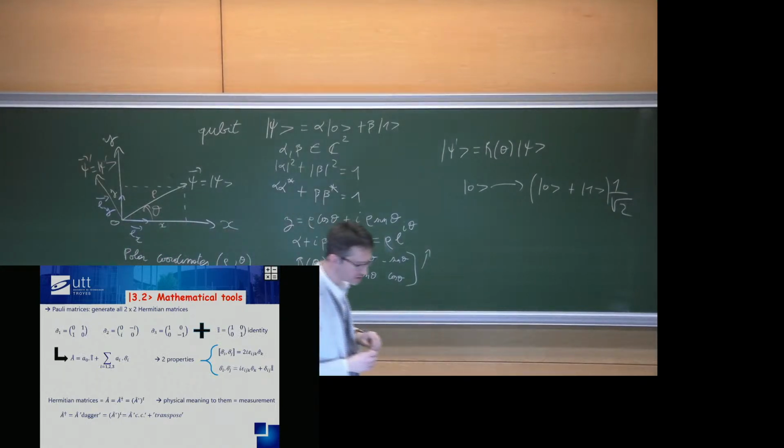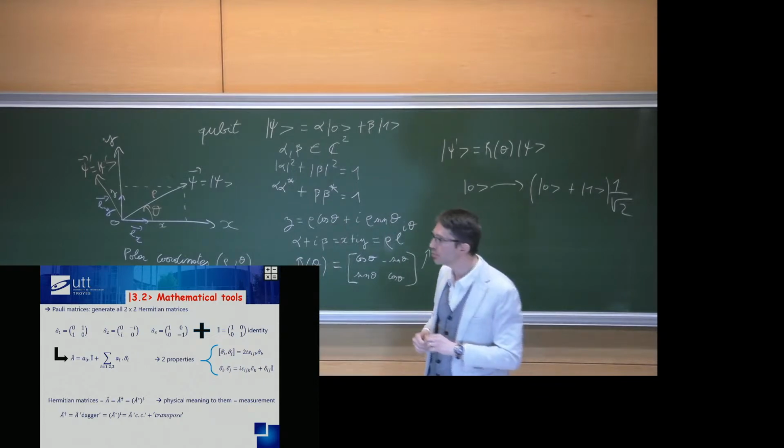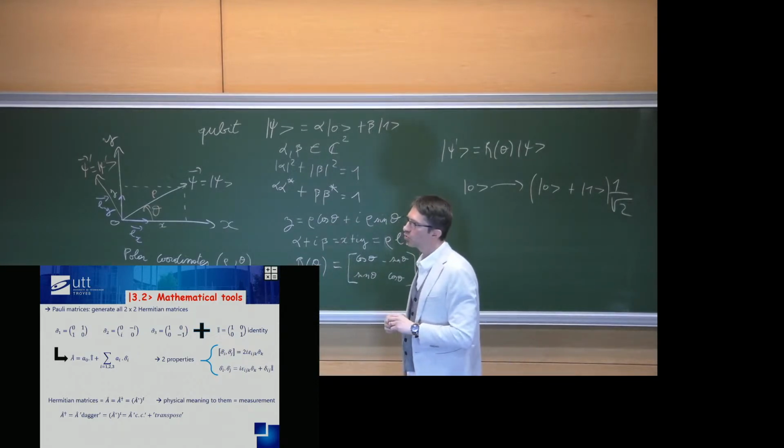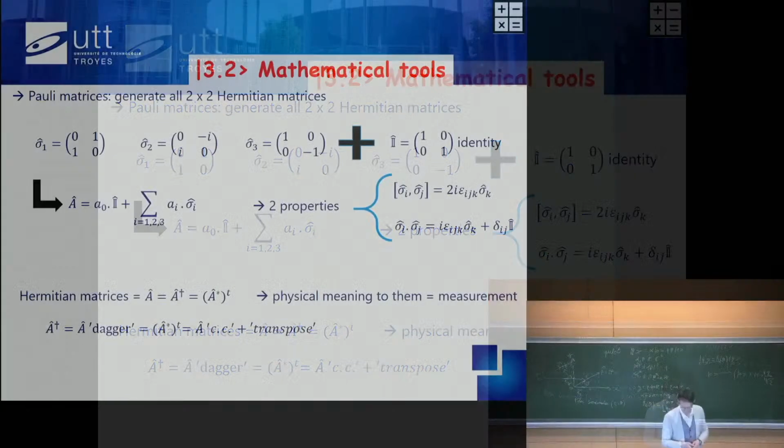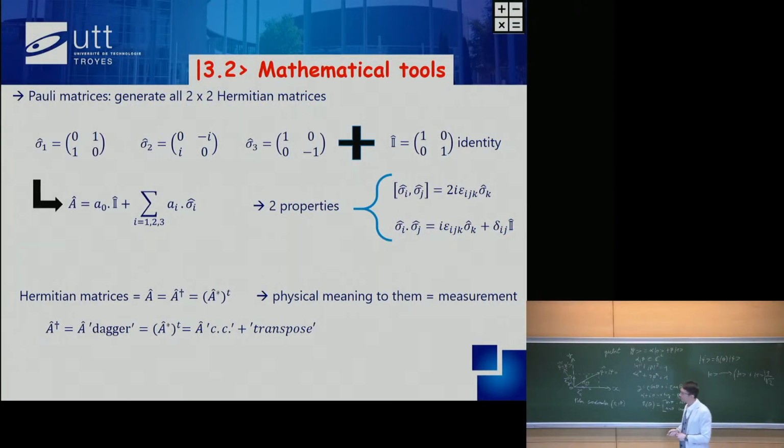In fact, what we can use for qubits to manipulate them are the so-called Pauli matrices. So here you have the 4 Pauli matrices, or the 3 plus 1: sigma 1, sigma 2, and sigma 3, and the identity matrix in 2D, which is 1, 0, 0, 1.